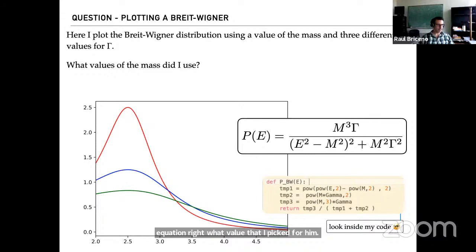I see somebody suggesting that I use the mass of the proton. No, I'm looking for a number like 1, 2, 3, 5, could be 3.5, it could be 3.1. I'll give you a hint. Anonymous says 2.5.